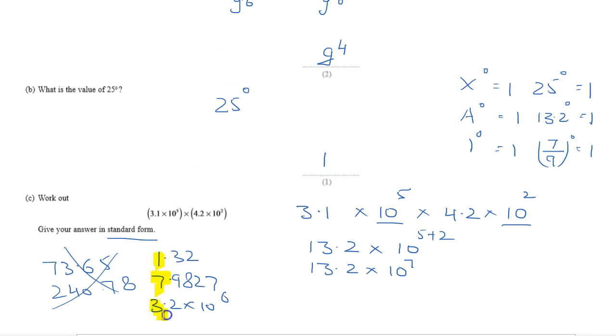That is standard form. So now we have to bring this decimal point here. If we move this side, we increase the power. So it will be 1.32 multiplied by 10 to the power 8. So that is the answer for this.